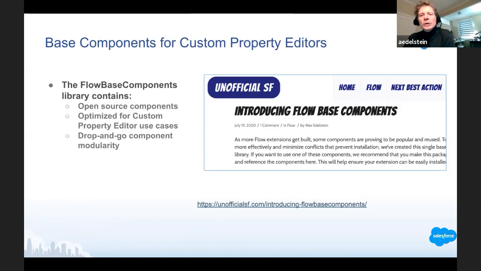We took some of the components that we think are going to be the most useful in creating CPEs, the ones that we've already seen get used over and over again in different CPEs. We've put them in one library, and what we're advising is that you use this library and just list it in your installation instructions as a prerequisite.